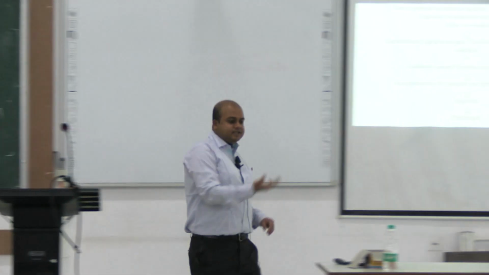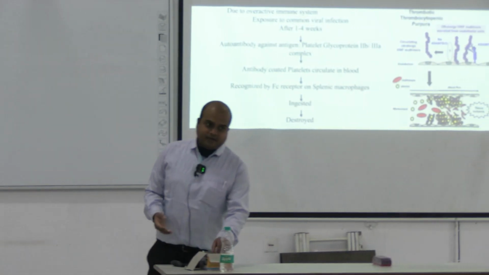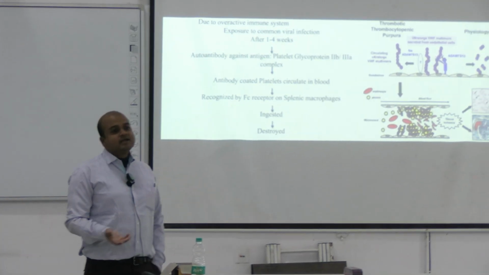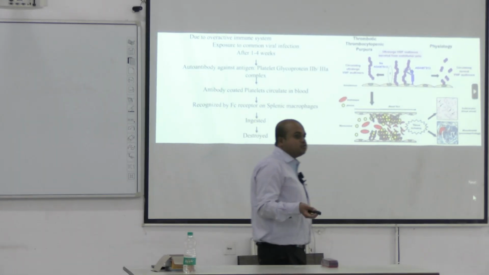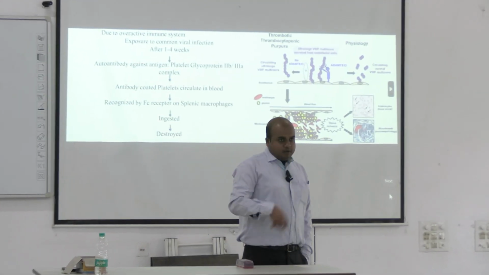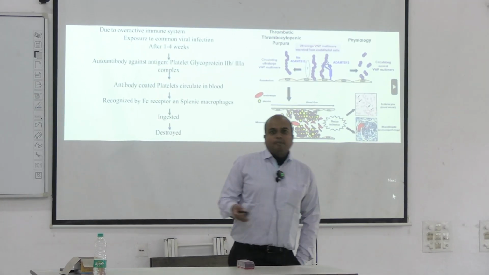ITP is due to antibody-coated platelets. It is an autoimmune disease: platelets are attacked by antibodies and destroyed by the spleen. That's why platelets become less in number, that is thrombocytopenia.